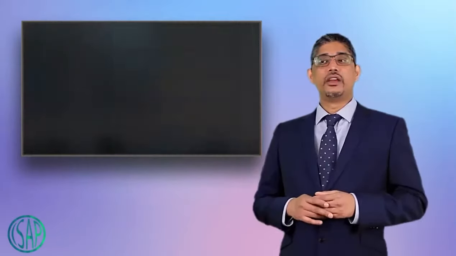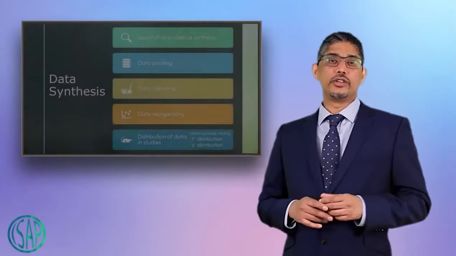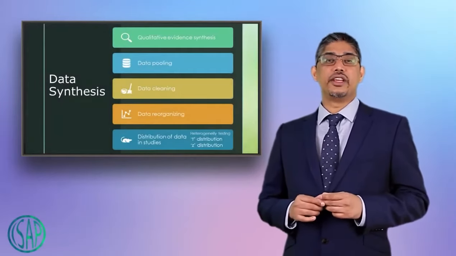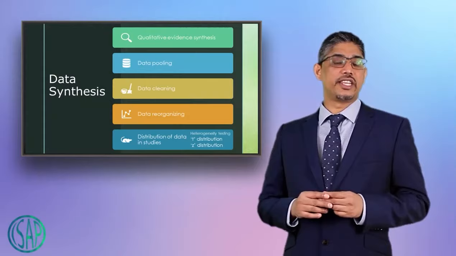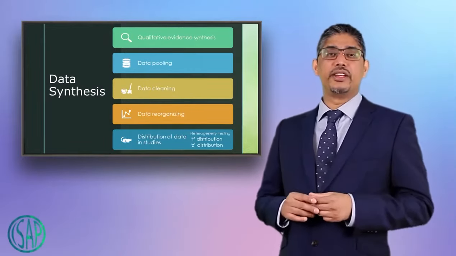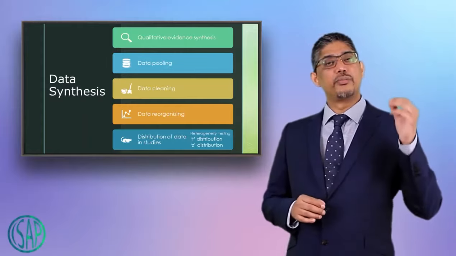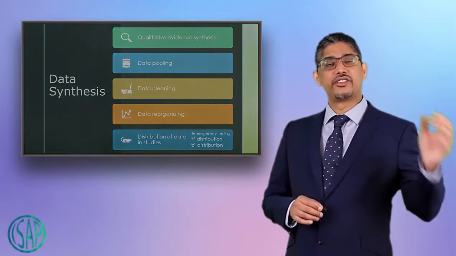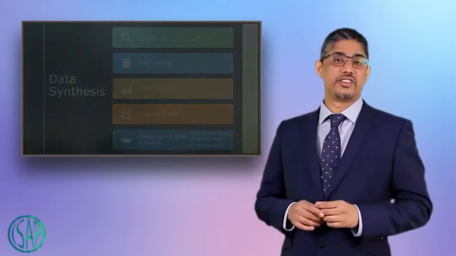Is data pooling the same as data extraction? Although data pooling sounds as if it is data extraction, you can use them as synonyms but they are not necessarily the same. The reason is, data extraction is nothing but extracting the raw data exactly from the papers and plugging it into Excel sheets.